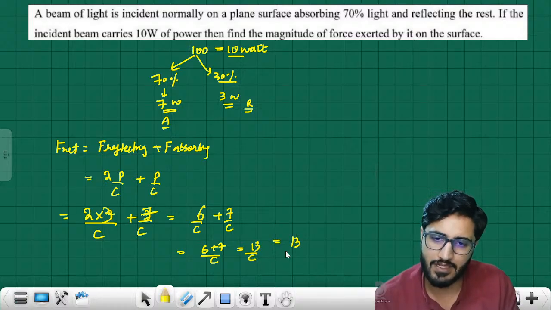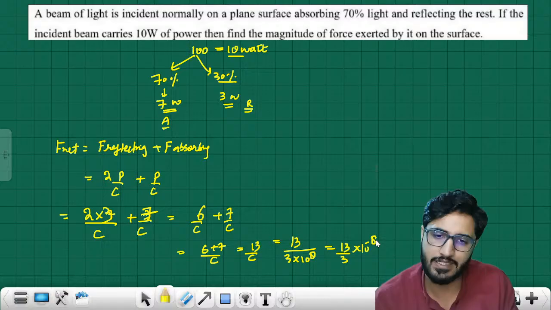It is 13 divided by 3 into 10 to the power 8, or you can write 13 divided by 3 into 10 to the power minus 8.